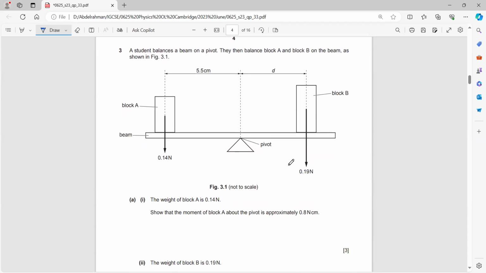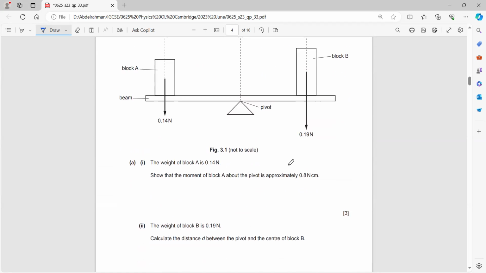The weight of block A is 0.14. Show that the moment of block A about the pivot is about 0.8 newton centimeter. Moment equals force times perpendicular distance.